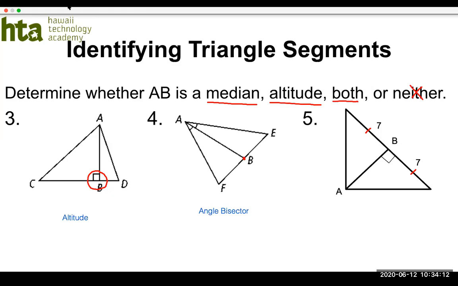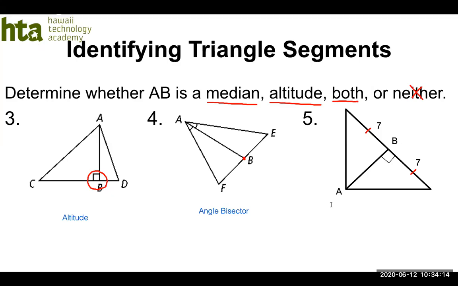So both to answer this question, but if I had to identify what it was, that is a perpendicular bisector. So a perpendicular bisector means it is both a median and an altitude, okay? So perpendicular bisector and angle bisector for 4 and 5. Make sure you understand the difference, all right? So that's how you identify all of our segments.